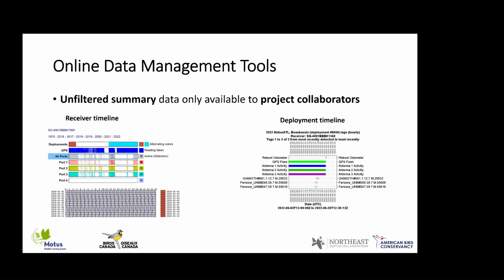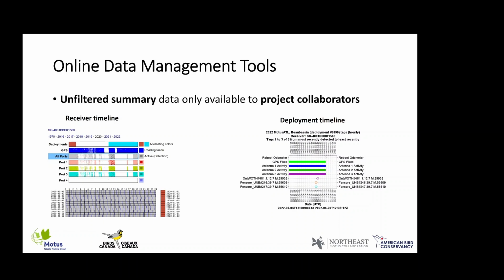That means the data here, there may be some false data in there, but we present it anyways, just so that you see everything. And it's really helpful for diagnostics or for early viewing of the data, just to quickly see if there's something going on. And these are only available to people who are collaborators who have the receivers that collect the data.